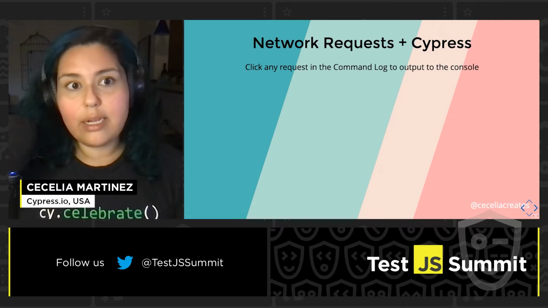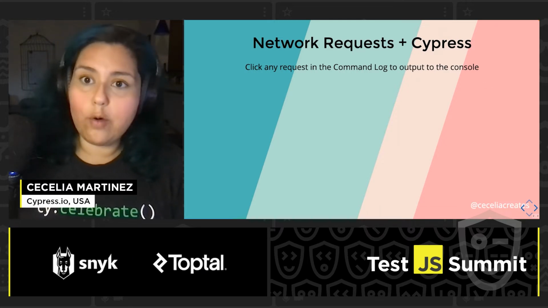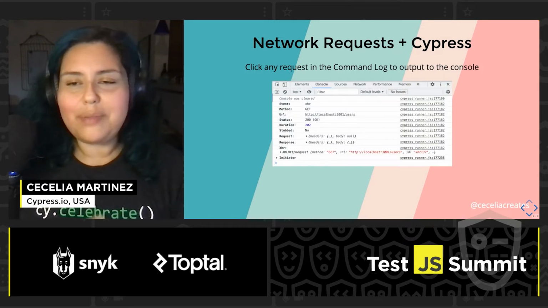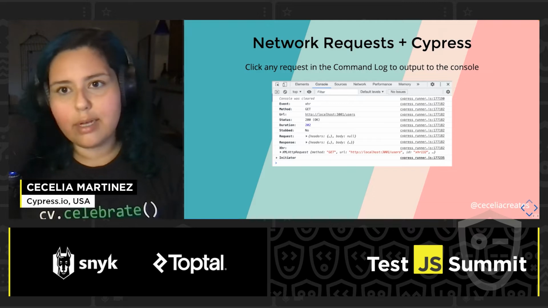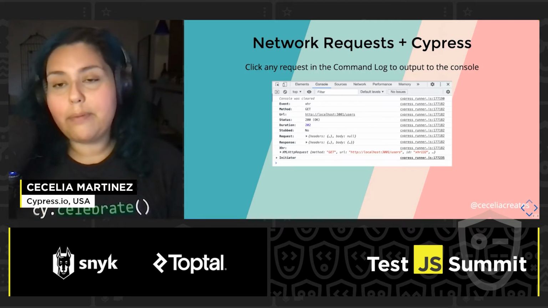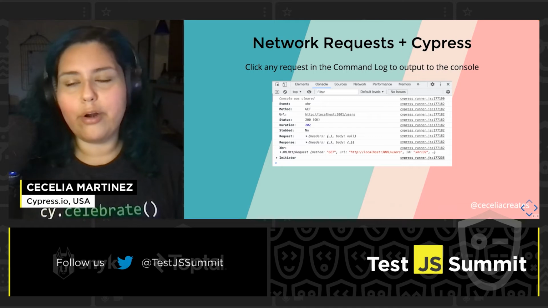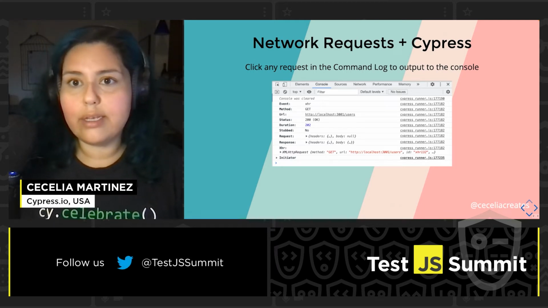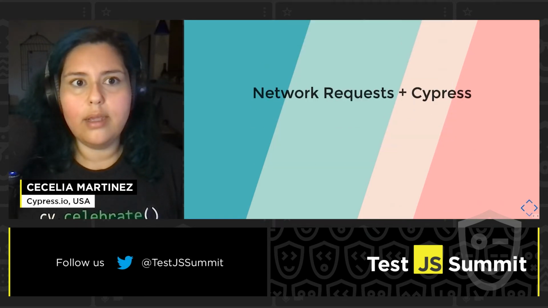We can also click on any request in the command log to output it to the console. This gives you some additional helpful information like request headers and response body, which can be useful when you're troubleshooting or debugging failed tests, or trying to better understand what's happening with the network requests from your application.